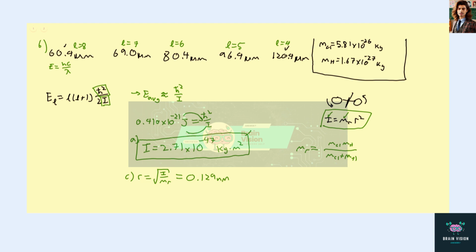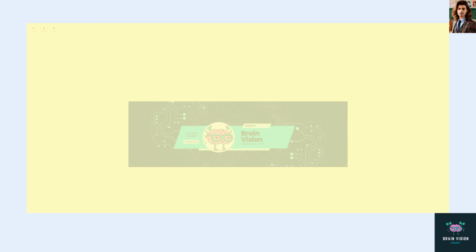And then finally, part D, what is the longest wavelength line in the rotational spectrum of hydrogen chloride? So this one you can figure out after thinking on it a little bit, but for the longest wavelength, we can go to a new page yet again.